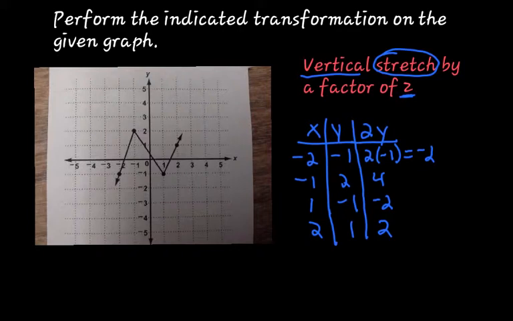So -2, -2 is right here. -1, 4, way over here. 1, -2, and we have 2, 2. So you make your same shape. I know my lines are not straight, but that is a vertical stretch.